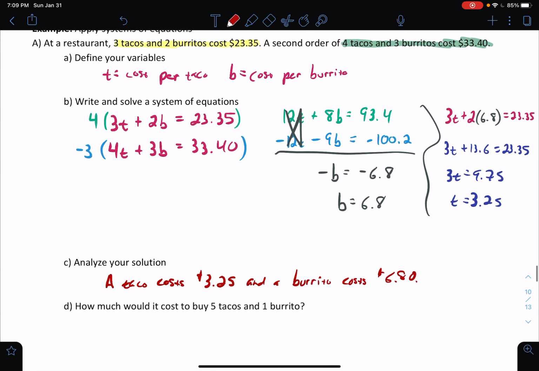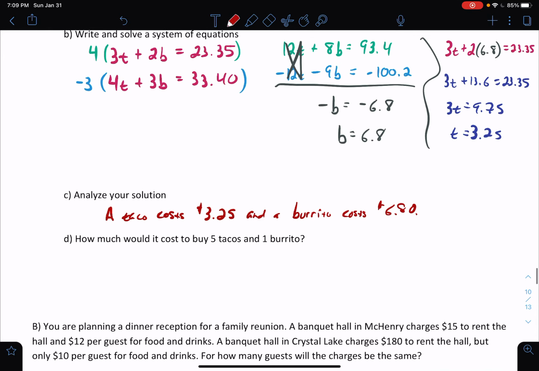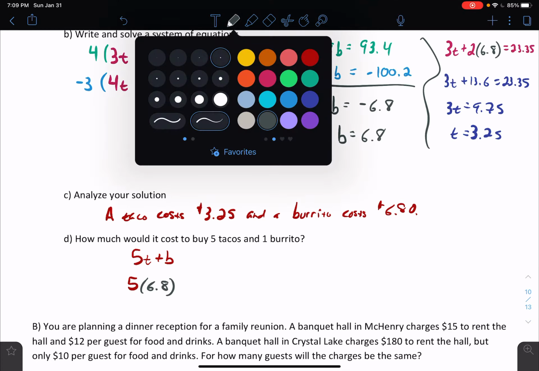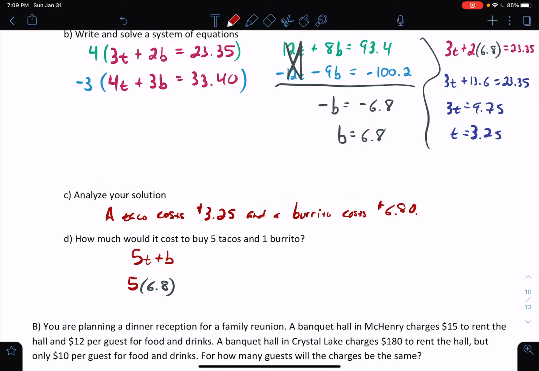So then this follow-up question says, how much would it cost? So we've got a new order here. We've got 5 tacos and 1 burrito. All right, so I'm basically finding what is 5t plus b. So I've got 5 times 6.8. Oh, sorry, hang on. That's not t.